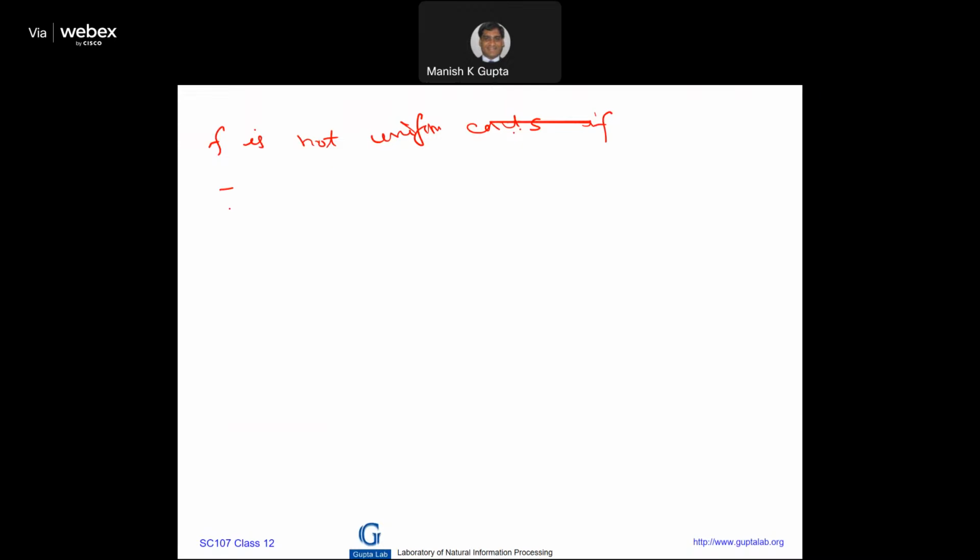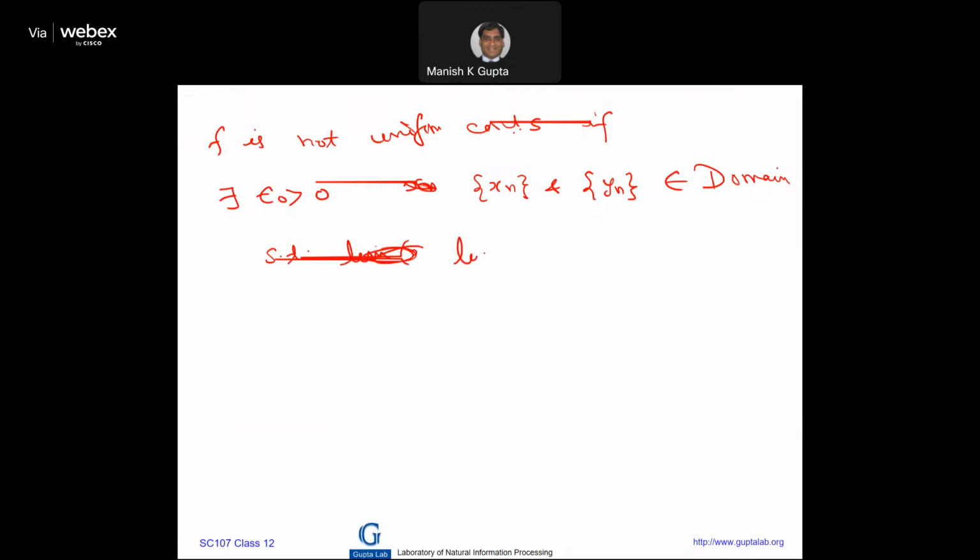If there exists epsilon naught positive, so some specific epsilon, and two sequences xn and yn in the domain D, such that the limit of xn minus yn is 0, and you can show that f of xn minus f of yn is bigger than or equal to epsilon naught for all n. So this is also another characterization in terms of sequences.